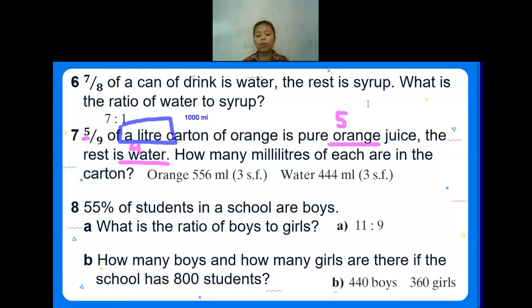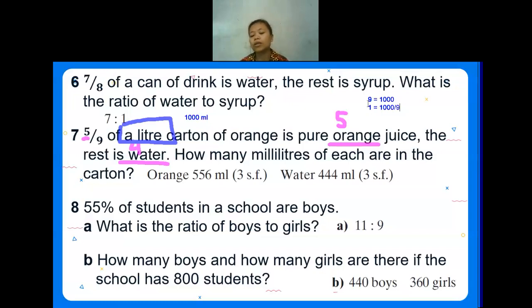The total will be equal to 9. So 9 is equal to 1000, and then for 1, we will have 1000 divided by 9. Just keep it as a fraction. Do not change it into a decimal, because when you change it into a decimal, you will be rounding off the number. Later, your final answer will not be really accurate if you round off too much.